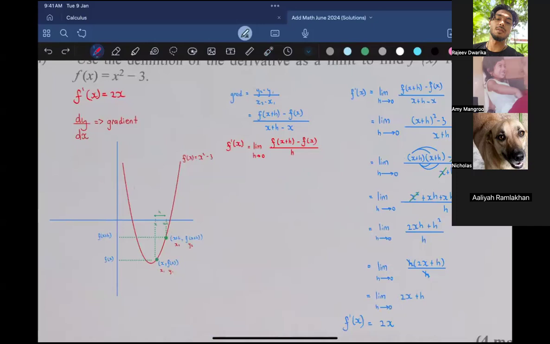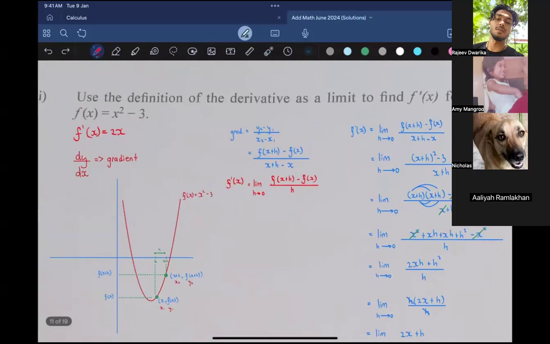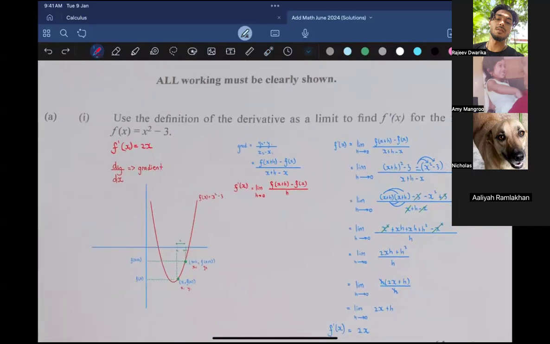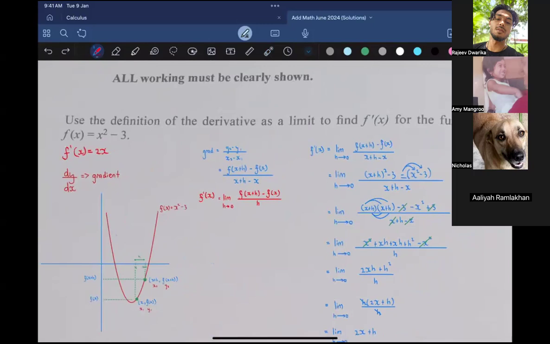So next thing we have to do. We have a function, guys. What's the function for the curve? F of x is x squared minus 3. Right. And what are we saying the x value is here, what we're going to plug into the function?